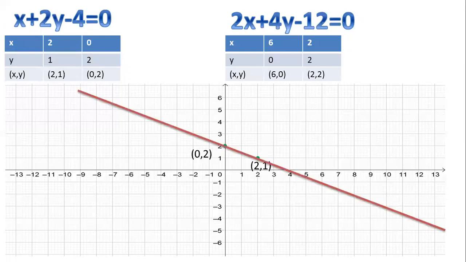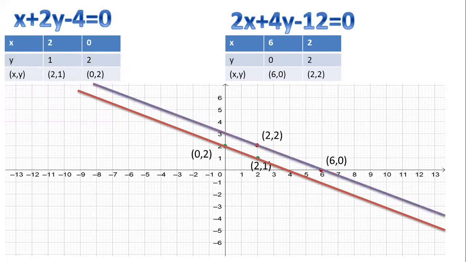Join the points. Now for another equation, 6 comma 0, that is here, and 2 comma 2. This is 2 comma 2. Now join the points.